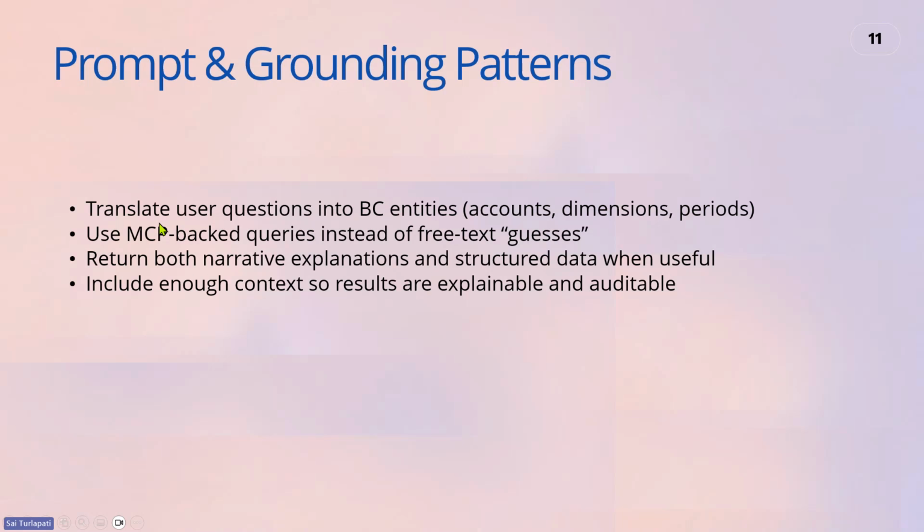When a user sends a request using this pattern, we can specify accounts, dimensions and periods, and the agent can query the Business Central server using the MCP and get the response, not just a request-response kind of scenario, but with an explanation about your data set.